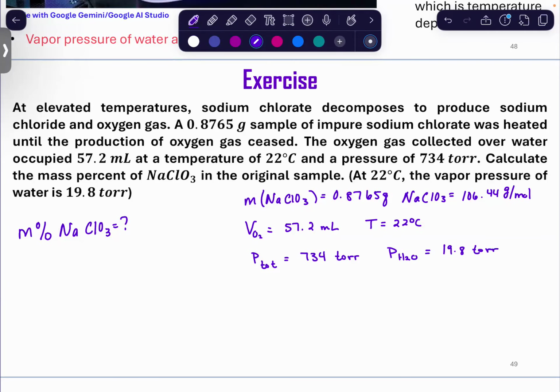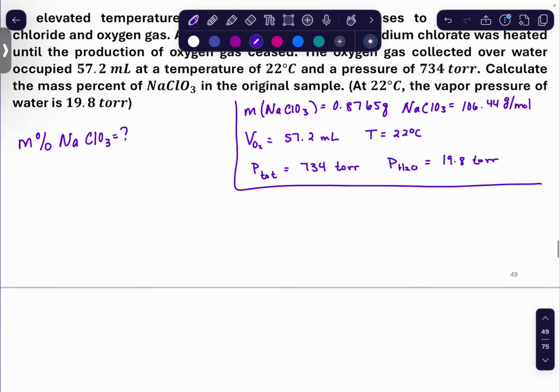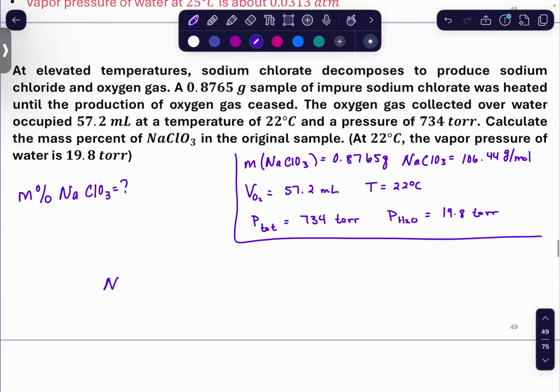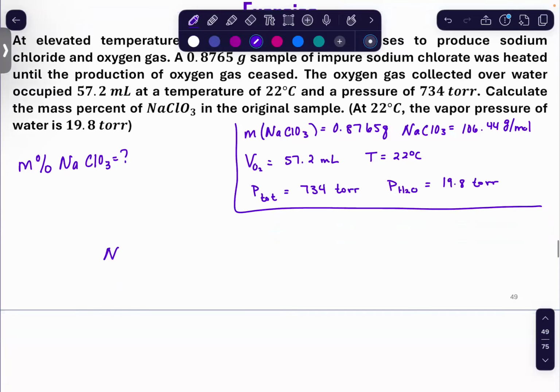All right, now we can start solving. The first thing we need is our chemical reaction. This is a decomposition reaction, and if you read the problem, it tells you what it looks like. So you have your sodium chlorate, which is going to be solid.